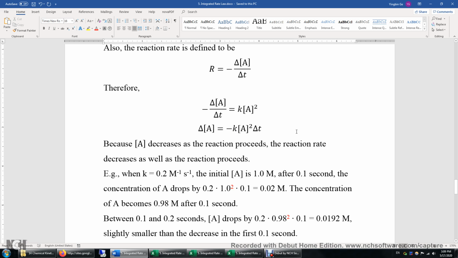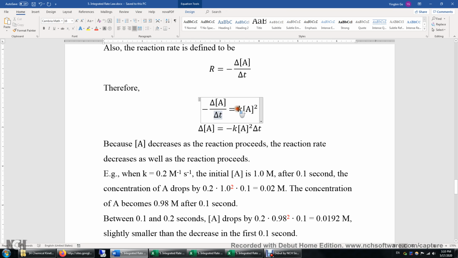And then again, I'm going to use a numerical example. Again, this k is 0.2, but look at the unit. It's different. It's molar to the power of negative 1, second to the power of negative 1. Again, we have to balance the units. All right, it's called dimensional analysis. So if you look at this side, it's molar divided by second.